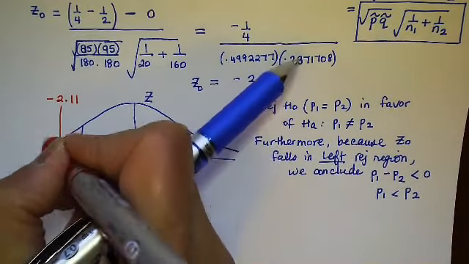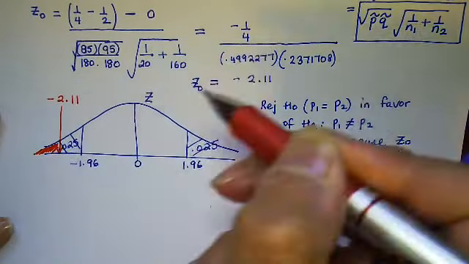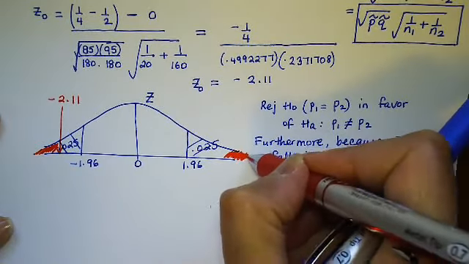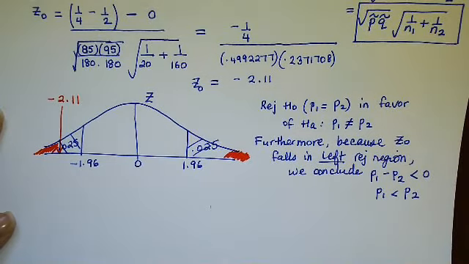So it's obvious that P1 is less than P2. And that's what our test shows us also.